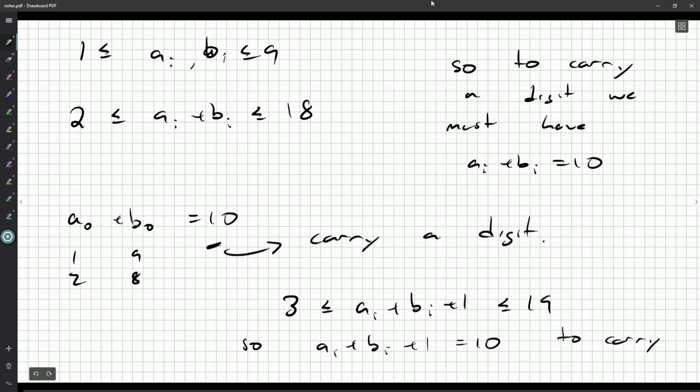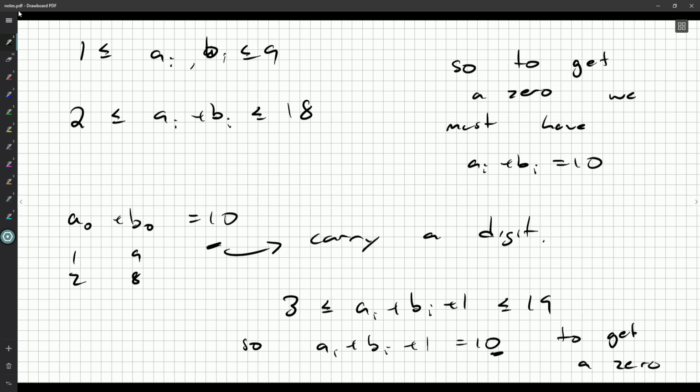So if you're going to carry a digit and get a 0, let's say to get a 0. And actually, that should be my reasoning up here. Not to carry a digit, but to get a 0. So to get a 0, you've got to get that, and then that means you carry a digit. But it looks like we're always going to carry a 1.